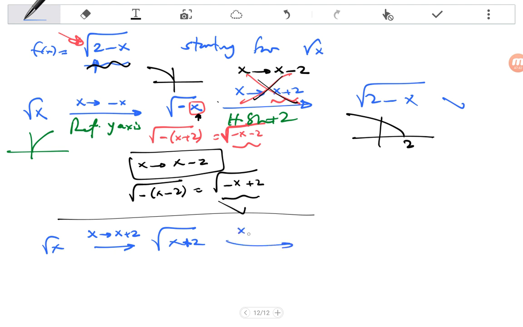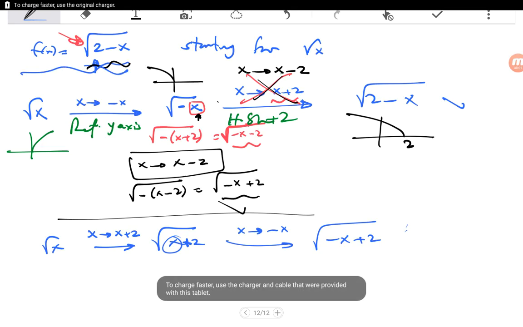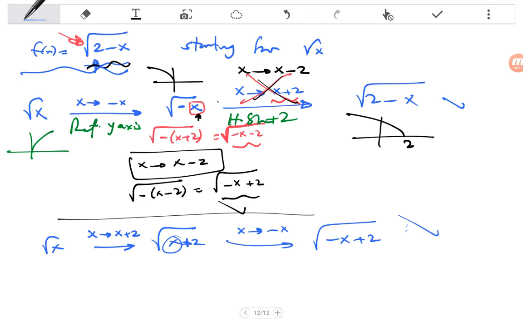Then I would replace every x with negative x. I will just replace that x with a negative x, so that will be negative x plus 2. Is this the same form as the given problem? Yes.